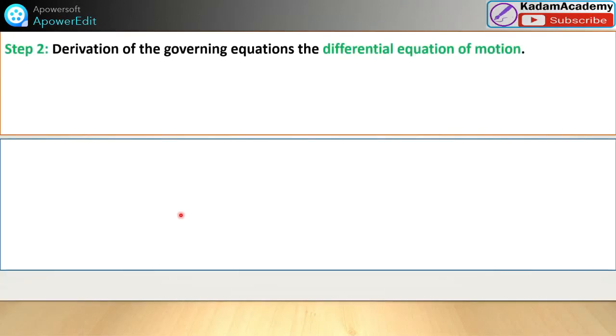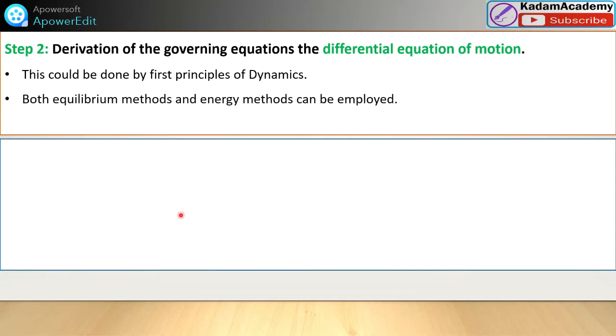Okay, so the next step is what? Deriving the governing equation, or derivation of the governing equation in the form of a differential equation. This could be done by first principles of dynamics. It is based on these first principles of dynamics to derive the equations that describe the vibration systems.